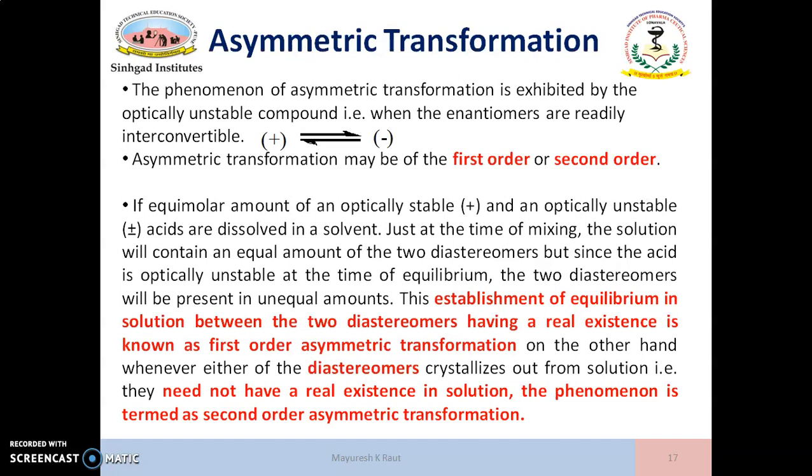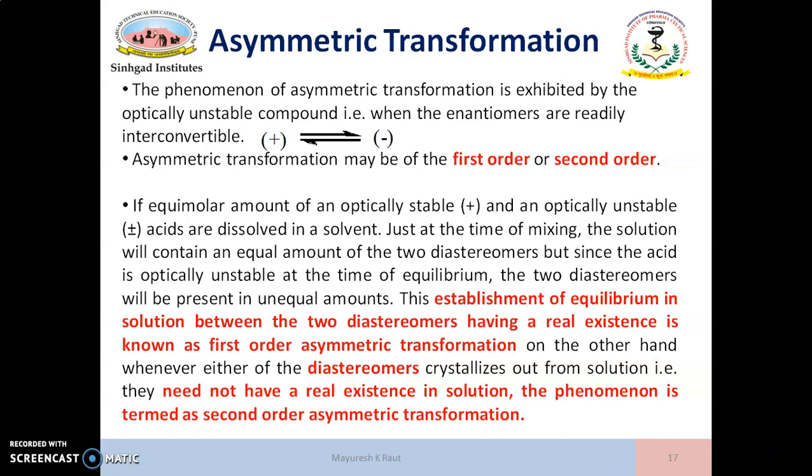The last method is asymmetric transformation. The phenomenon of asymmetric transformation is exhibited by optically unstable compound, that is, when the enantiomers are readily interconvertible. Asymmetric transformation may be of either first order or second order.